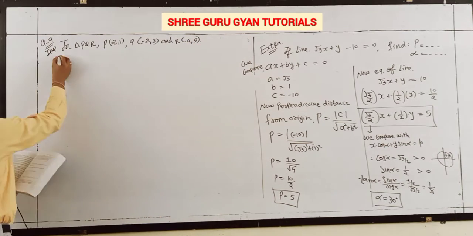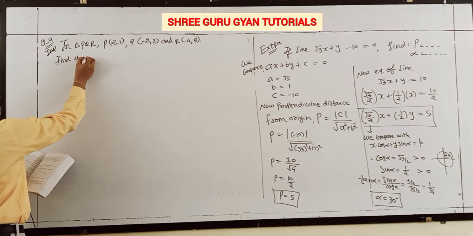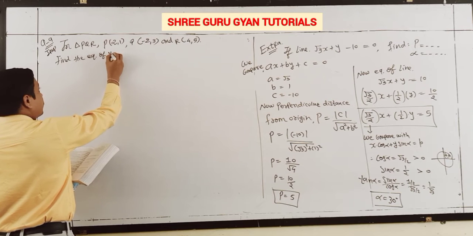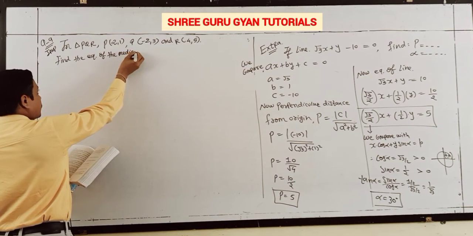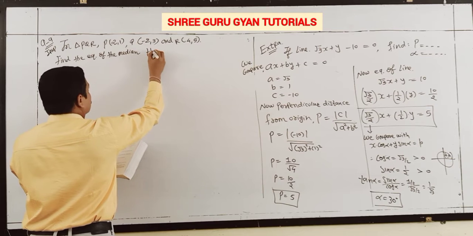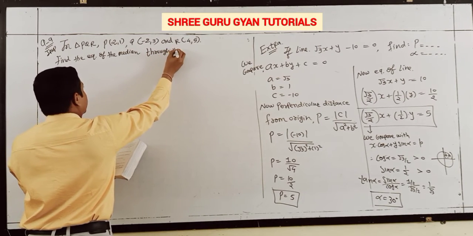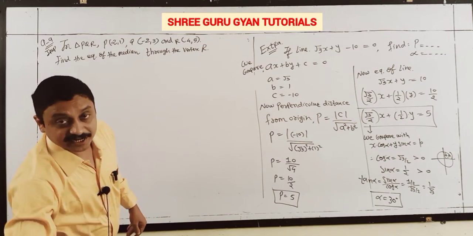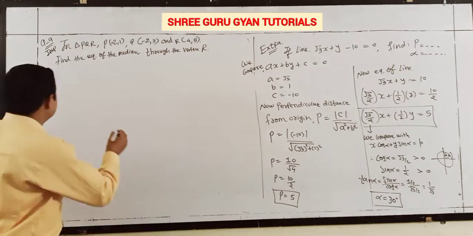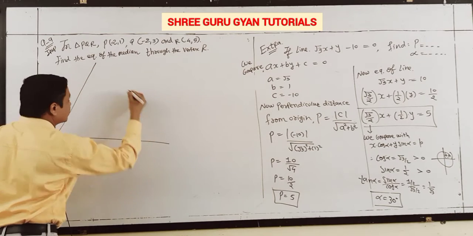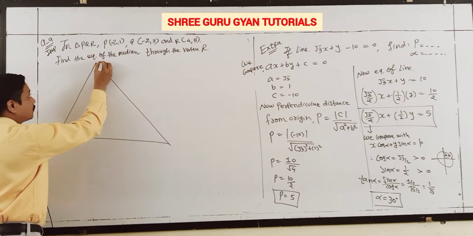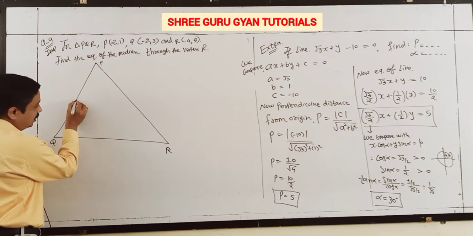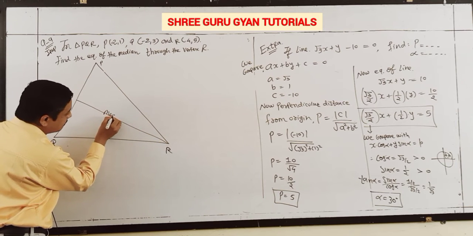Find the equation of the median through the vertex R. Yes, through the vertex R. Very easy. First of all, I draw the triangle P, Q and R. I want the median through R, that is my median.